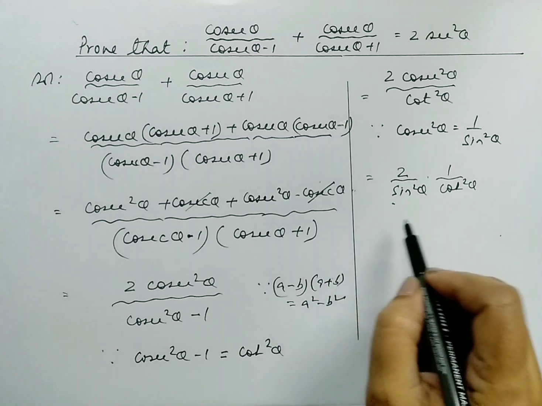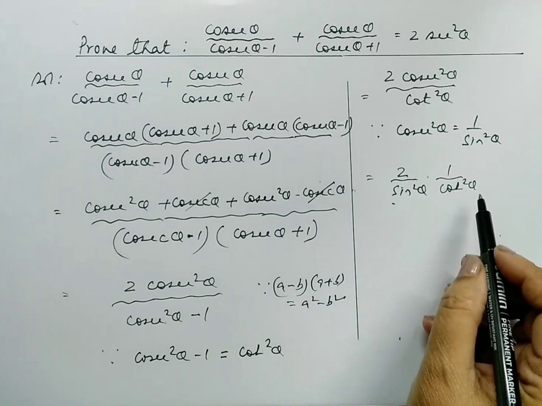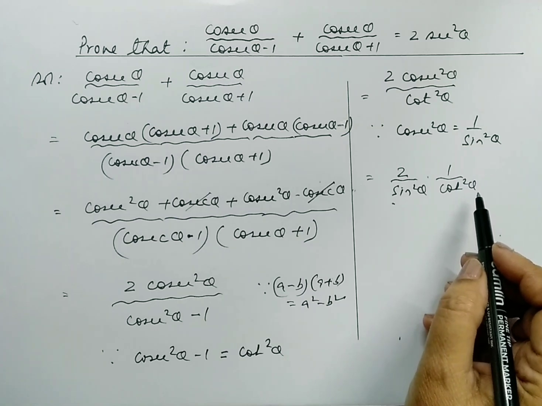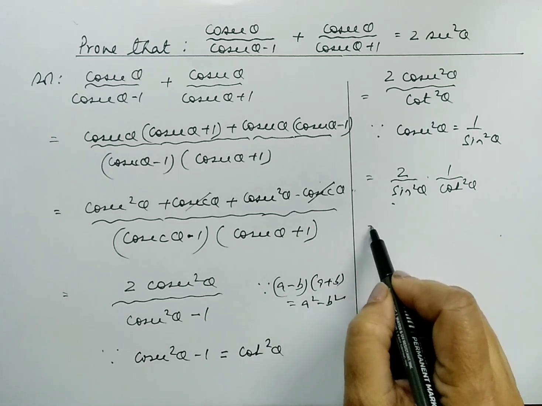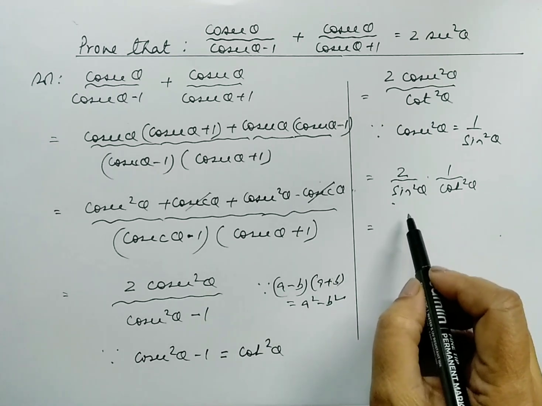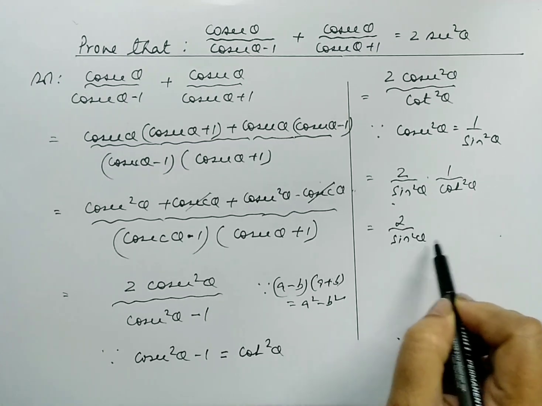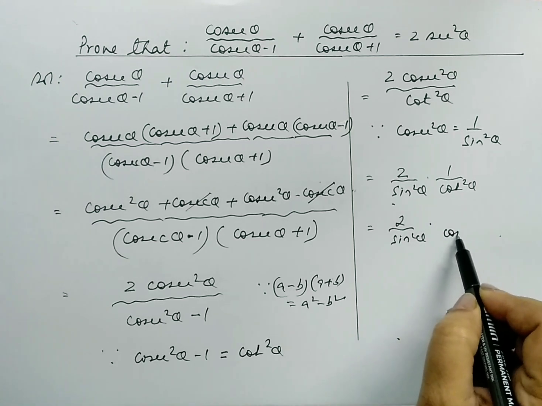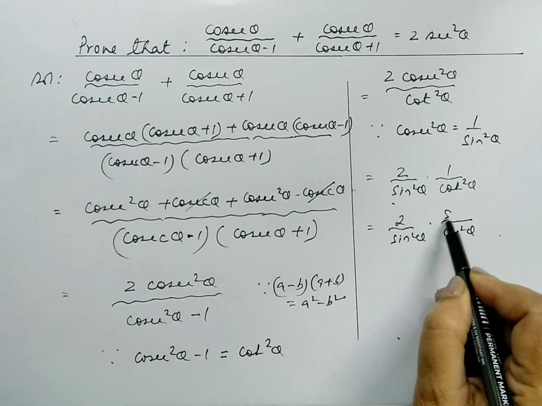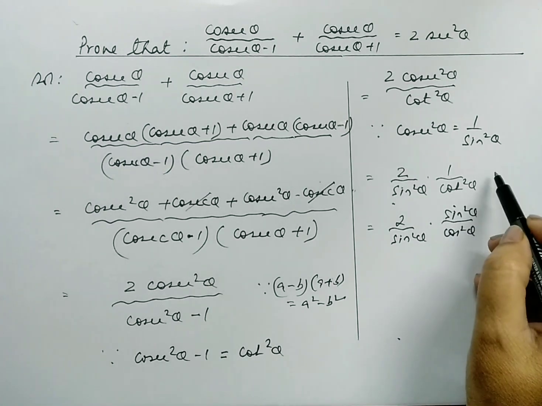Since we know that cot square theta is equal to cos square theta over sin square theta, isn't it? So our next step would be to write 2 over sine square theta, and for this we have cos square theta over sin square theta, isn't it? Why?